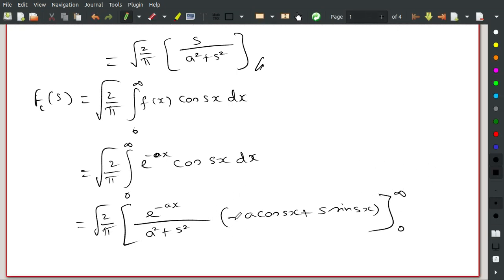Upon substitution of the limits, for the upper limit it is e power minus infinity, which is 0, and 0 into everything is 0, so as mentioned before, only the lower limit exists. Therefore we have root 2 by pi, so this is for the upper limit, minus for the lower limit we have e power 0 divided by a square plus s square of minus a cos 0, sorry it's cos 0, plus s sine 0.